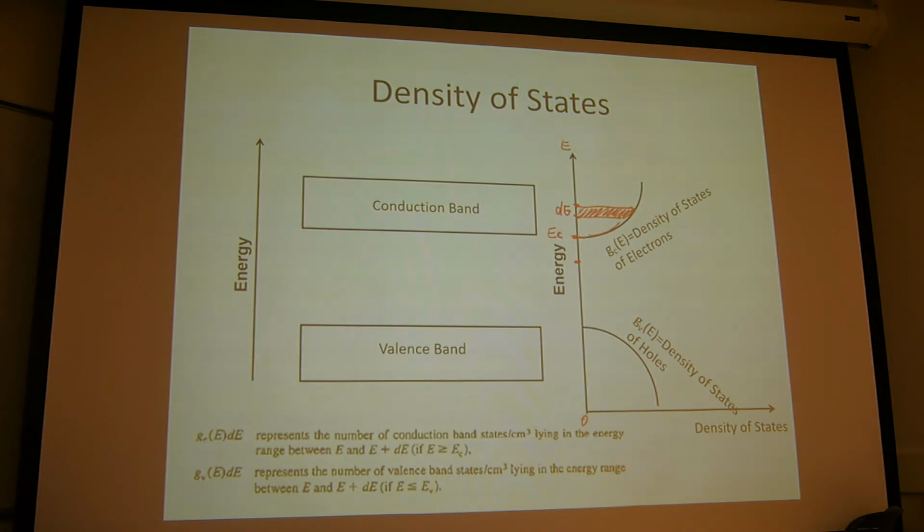Similarly for the holes, because holes are in the valence band. Remember, once you kick out an electron, you get a hole, the vacancy of an electron. So the hole will have a similar density of states, but it's in the valence band below the EV.